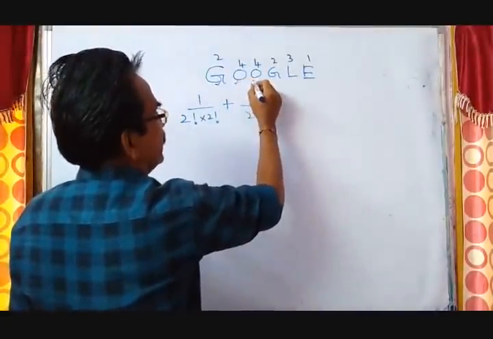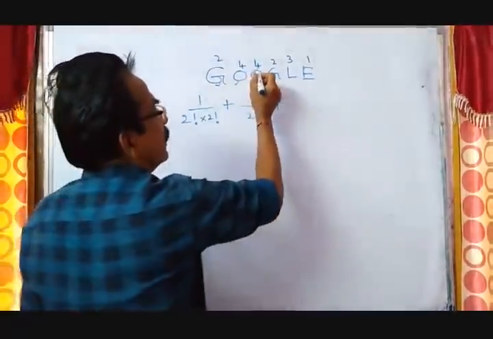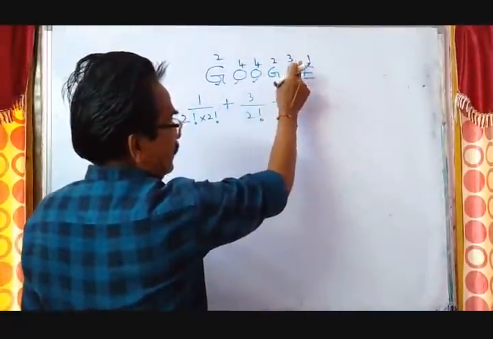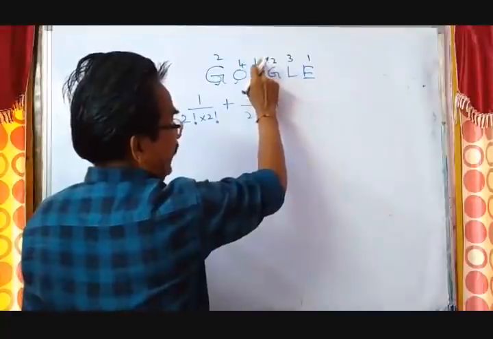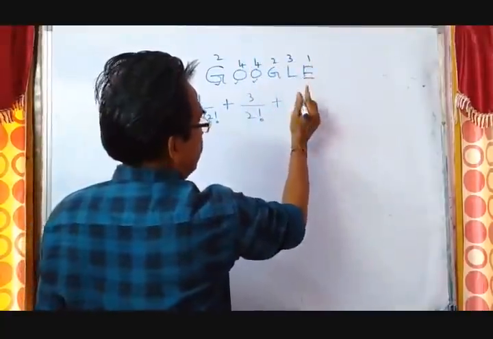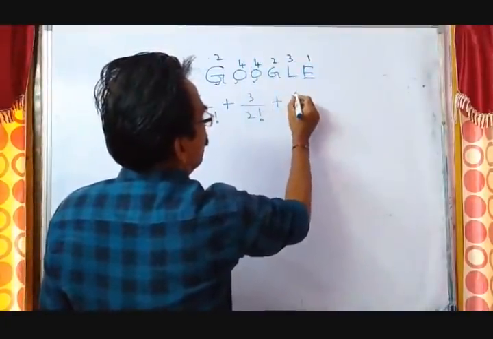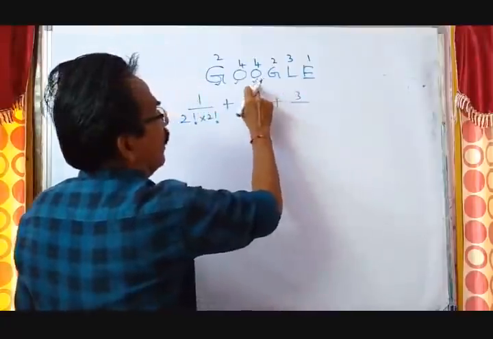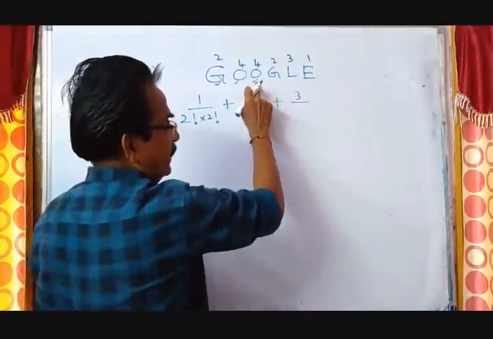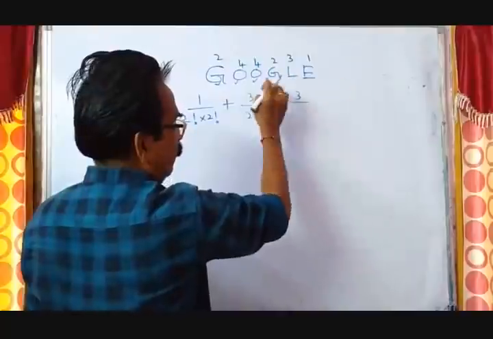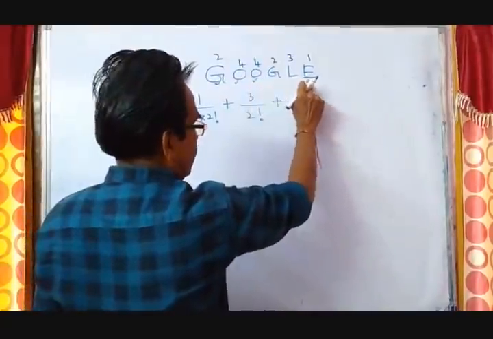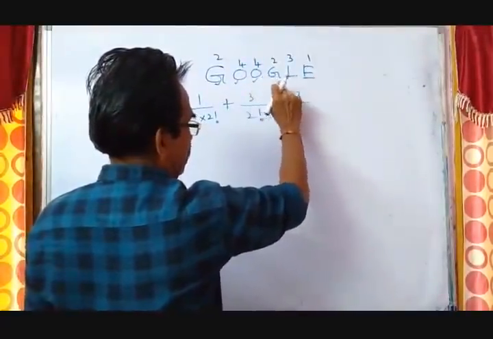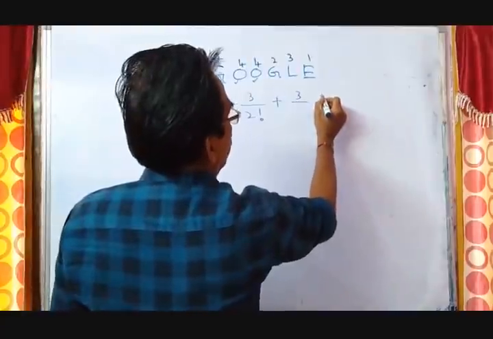Next, take this O. How many letters are there with lower rank than 4? 1, 2, 3. By how many letters are repeated to the right of O, including O? There is no repetition. So, plus.